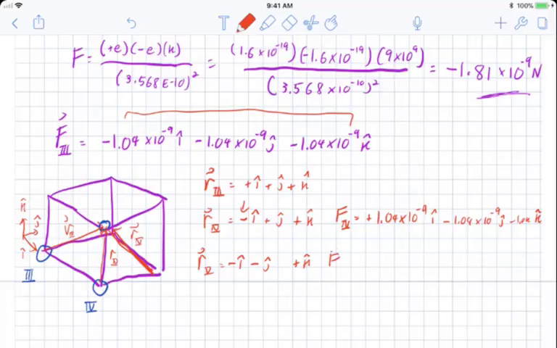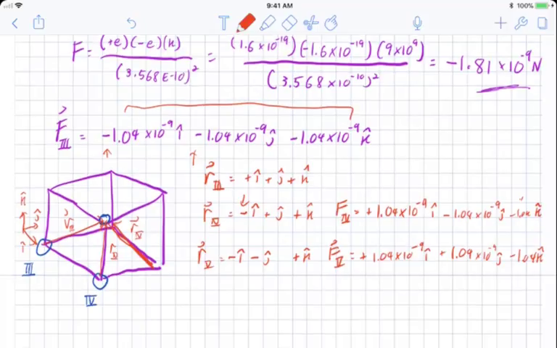So for the force from 4, I'm going to switch this sign and this sign. These ones are both going to be negative.